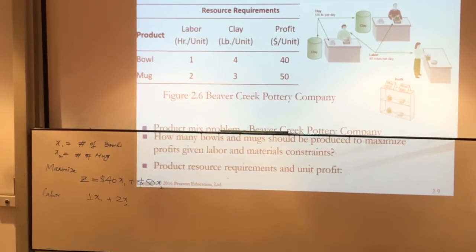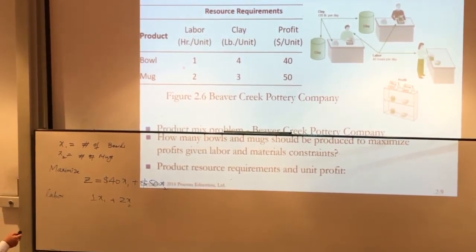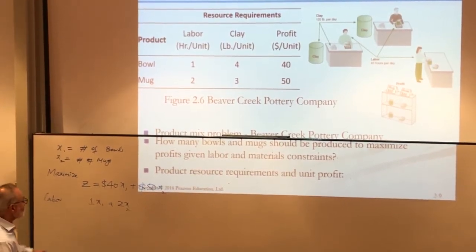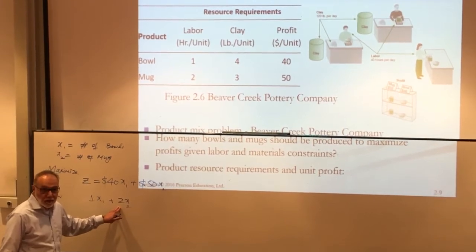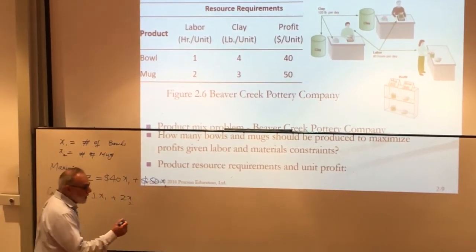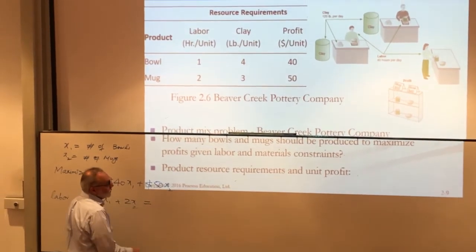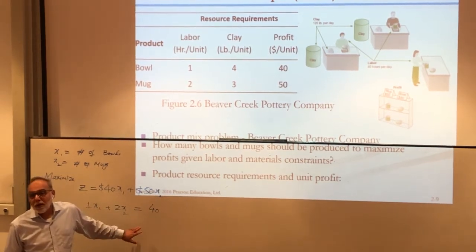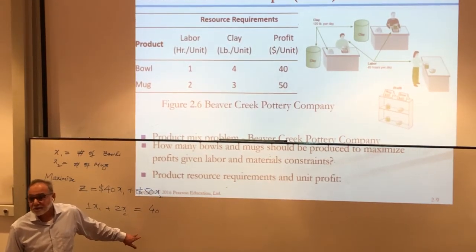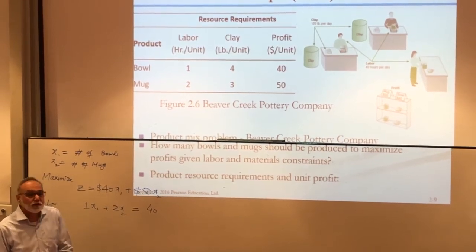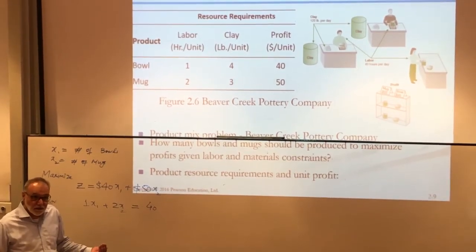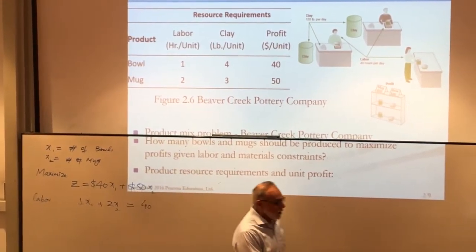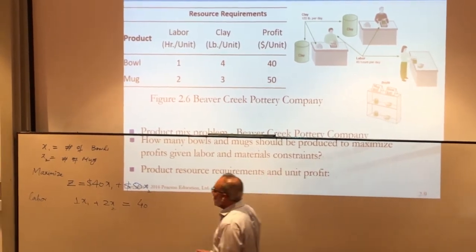These are the hours used for making one unit. So 1x1 plus 2x2; one way is to write it equal to 40, because 40 hours are available. But we may not be able to use all 40. It's possible that we may use only 36, 38, etc. The maximum is 40. So we write the constraint as less than or equal to.